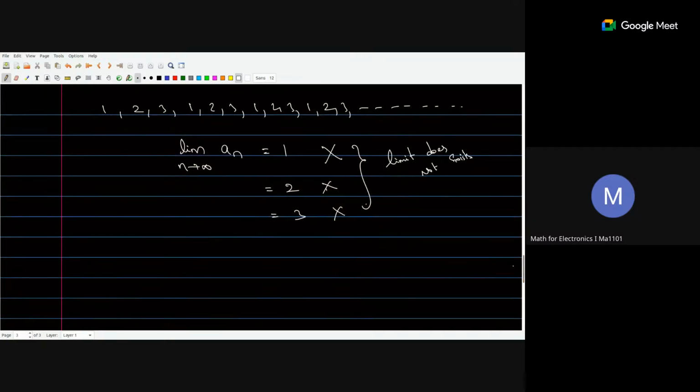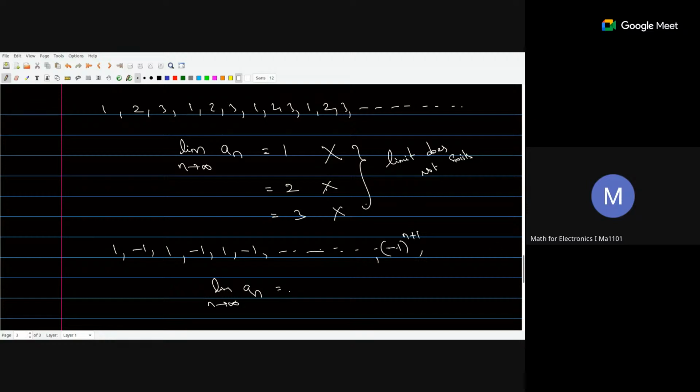In the class also, sir might have discussed this one: 1, -1, 1, -1, 1, -1. If I talk about the limit as n tends to infinity of a_n, the nth term is (-1)^n, or (-1)^(n+1).